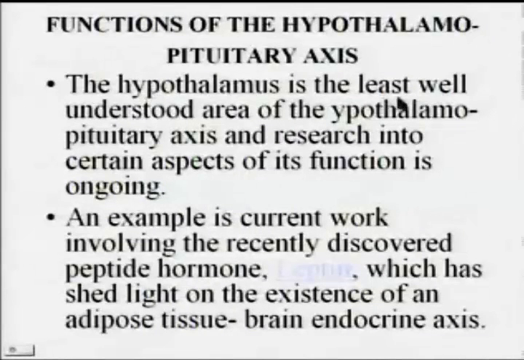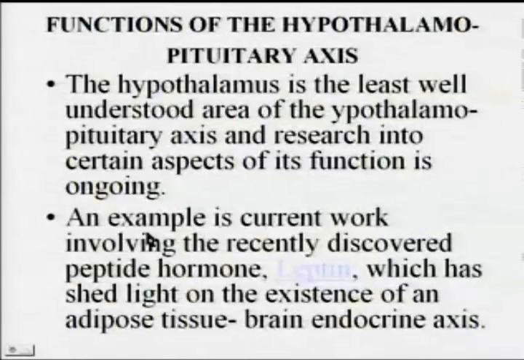So the hypothalamus is the least well understood area of the hypothalamic pituitary axis, and research into certain aspects of its function is ongoing. So this is our progression: textbook, review literature, then primary literature as we proceed through the semester, trying to catch up with the contemporary research.